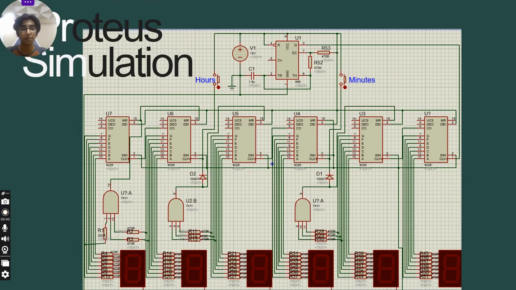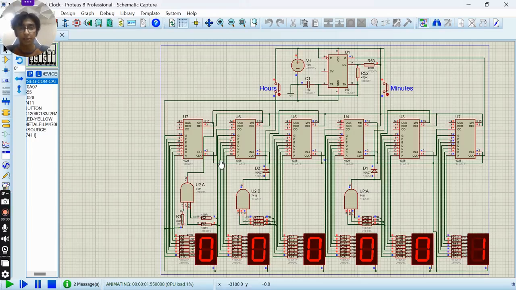So here's the Proteus simulation that we have implemented on the breadboard. This is the Proteus simulation of the digital logic. We have used a 555 timer IC, and we took the reset of all the 4026 ICs as common, and then we gave the clock to the first 4026 IC of seconds.